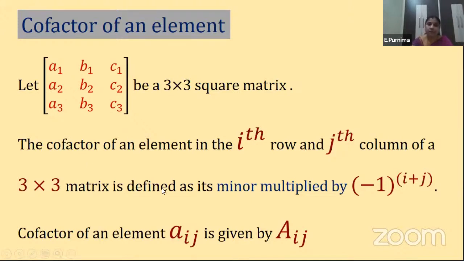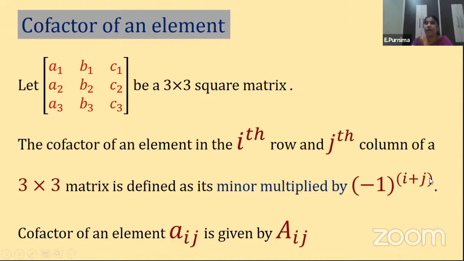Clear? So the cofactor of that element is defined as its minor multiplied by -1 whole to the power of i plus j. Clear? It is very simple, children. Already we know how to find out the minor. Yes, that minor value should be multiplied with what?